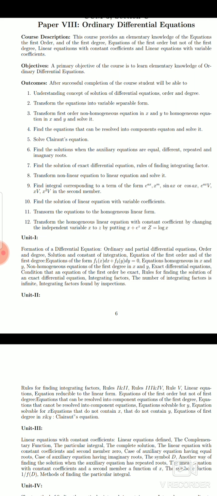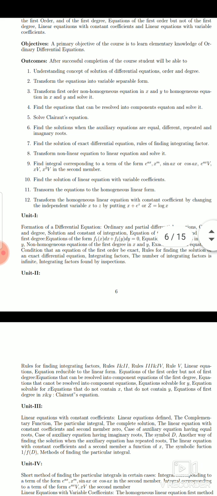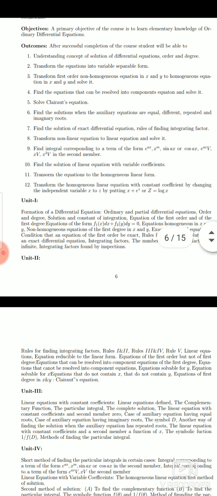Next outcome, find the equations that can be resolved into component equations and solve them. Next, solve Clairaut equations. Sixth outcome, find the solution when the auxiliary equations have equal, different, repeated and imaginary roots.